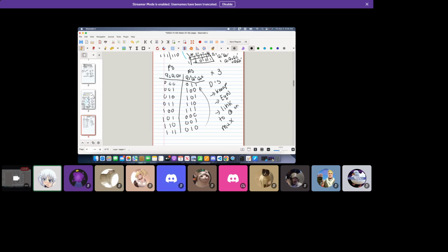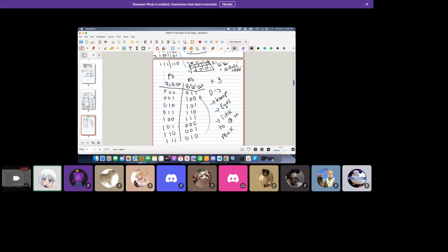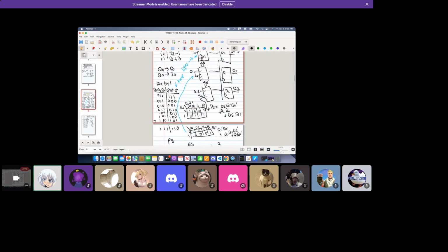And then that's it. You do it for each. So as you see here, the equation for D2 is linked to D2. The equation for D1 is linked to D1. The equation that we could have created for D0 is linked to D0. And then that's pretty much it.